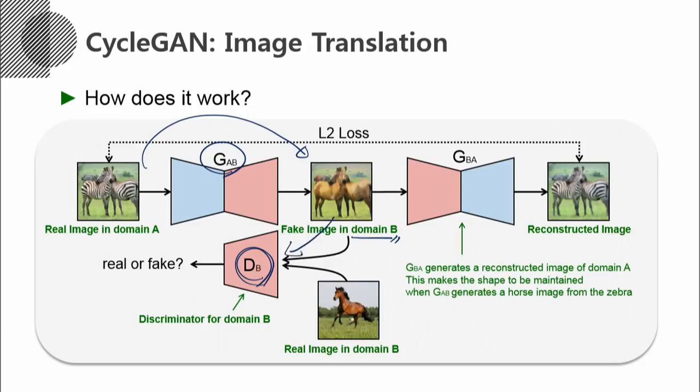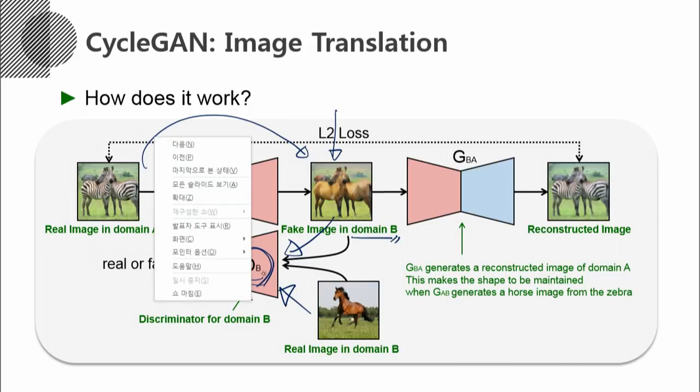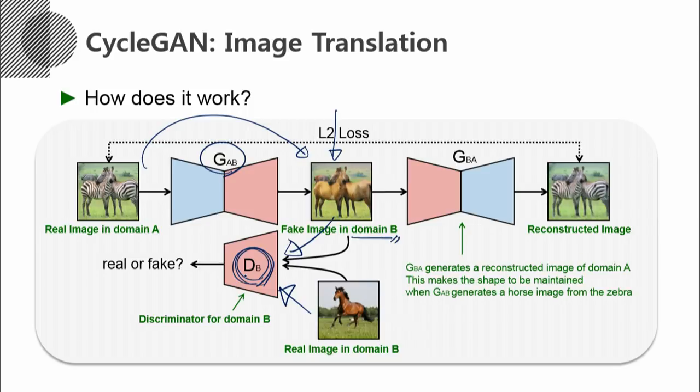So given these translated or fake images, it should be able to classify them as fake images from the perspective of domain B, which corresponds to the horse images with brown colors. And for the real images containing horses with brown colors, it should classify them as real images. So that's how we train the discriminator part.